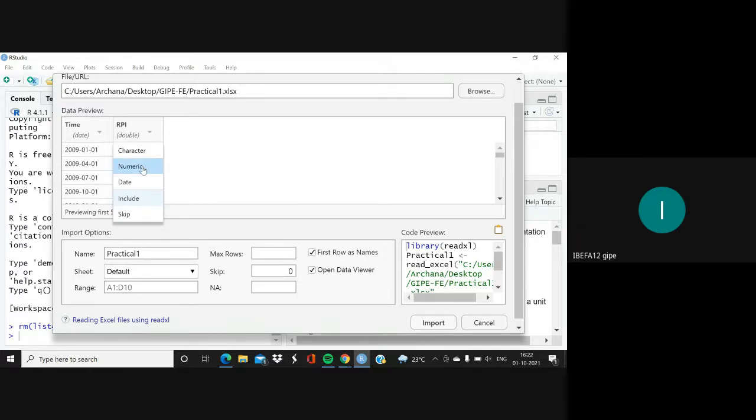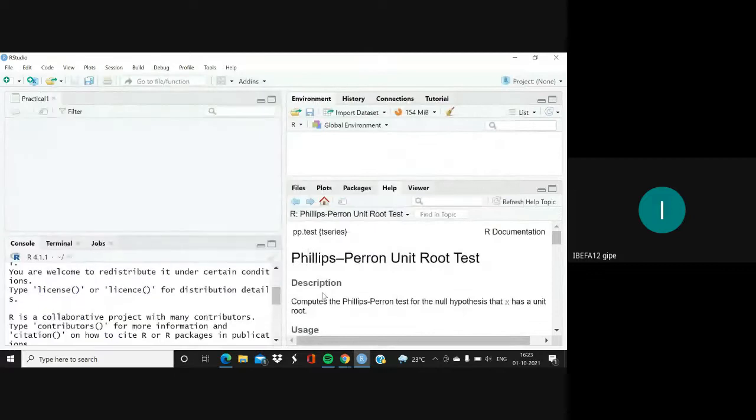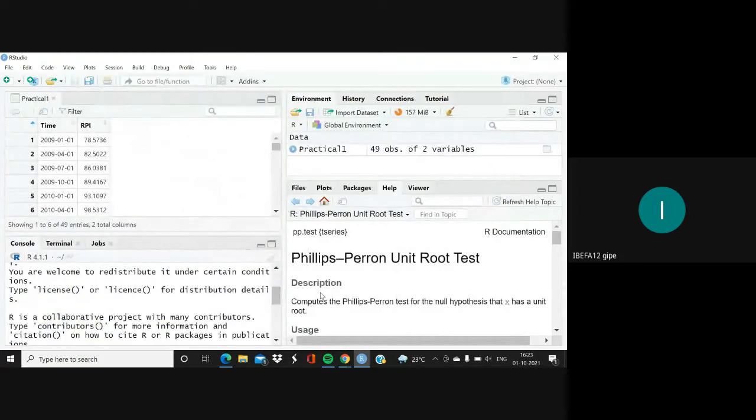RPI, change it to numeric. Once the change has been made, you can just import your data. Once you've imported your data, you can see that it's appeared here so that you can view it.